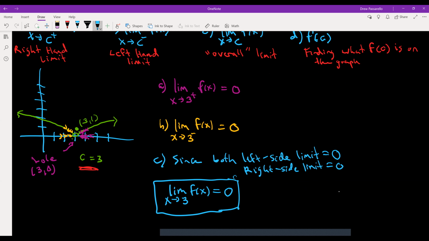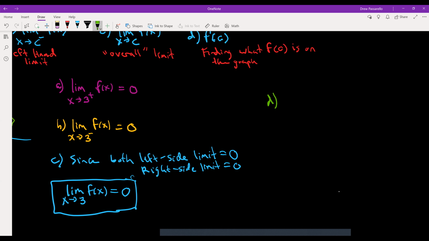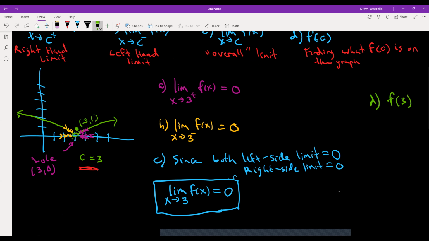Now for part D, where it says f of c, c in this case is 3. So we're trying to see where the function hits when you plug in x equals 3. And you'll see that at 3, there's this closed dot. That's where you evaluate the function. The x coordinate of that point is 3, so f of 3 is going to equal the y coordinate of that point, and that y coordinate is 1.